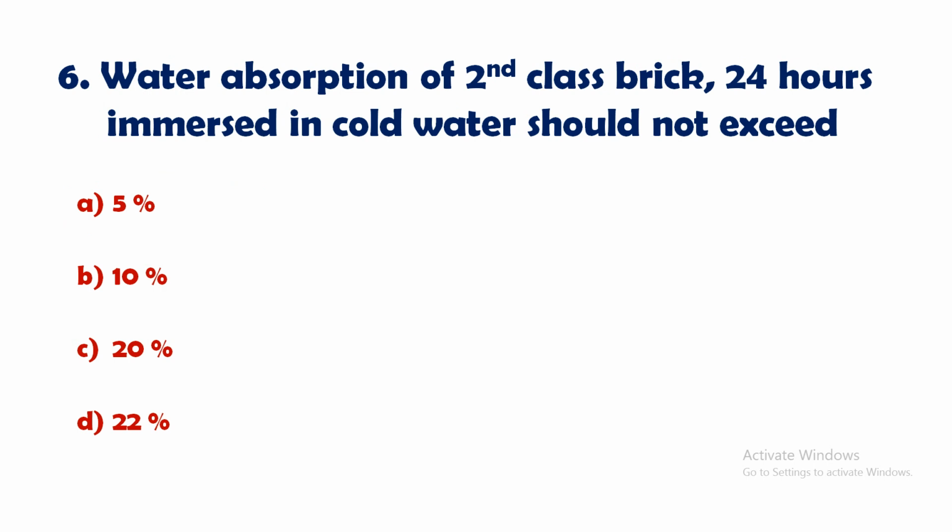The water absorption of second class brick 24 hours immersed in cold water should not exceed 5%, 10%, 20%, 22%. The answer is: water absorption of second class brick if 24 hours immersed in cold water should not exceed 22%.